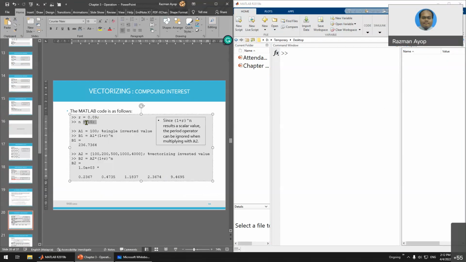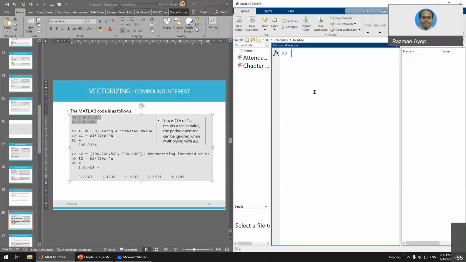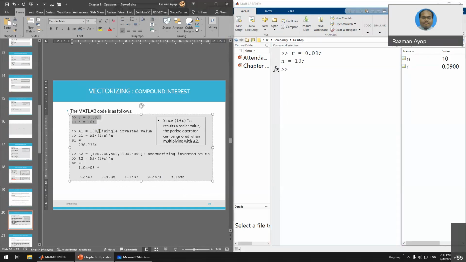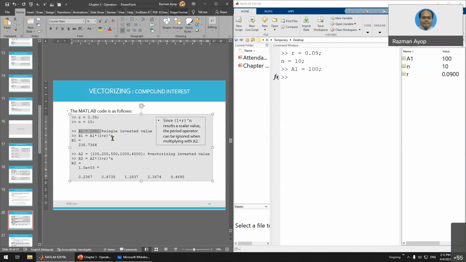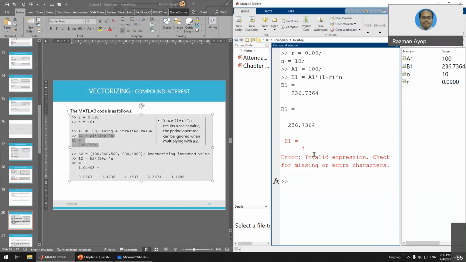So R and N, okay, are constant. Okay, and of course A is also constant. Okay, you can see here the value is only 1. So to calculate this, it is easy. Okay, you just use the formula. Okay, so you get the answer. Okay, because A is only one value.